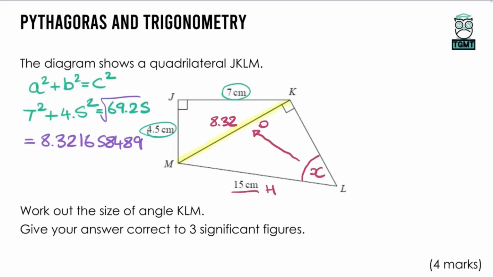So I now have a right angled triangle with O and H. So you need to know your 3 formulas, whether you use the ratios or whether you use formula triangles. I'm going to write it as formula triangles here. O and H is in our sine formula, so we will be using sine when looking for an angle.